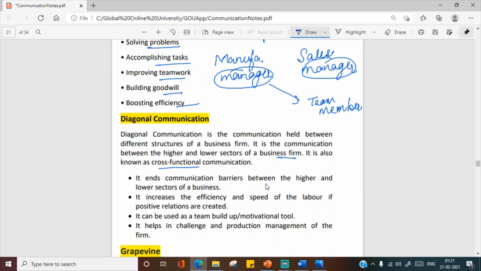So this is diagonal. If the manufacturing manager is talking to a person in the same team, it will be downward. But here they are talking to a team member of the sales team. So this is diagonal communication, right?